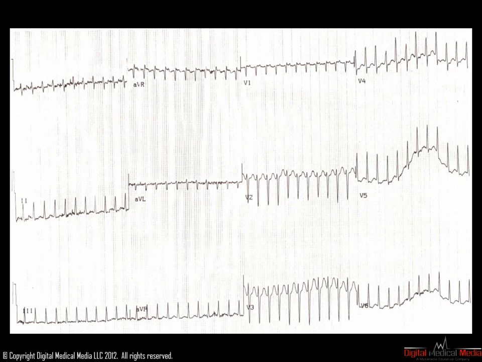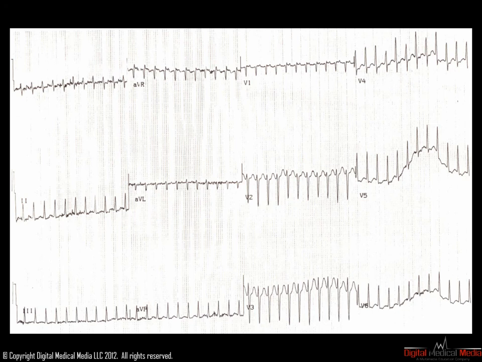P waves in orthodromic reciprocating tachycardia are found somewhere between the very end of the QRS complex and the end of the T wave. They are most commonly found within the ST segment, just as this P wave is manifesting.